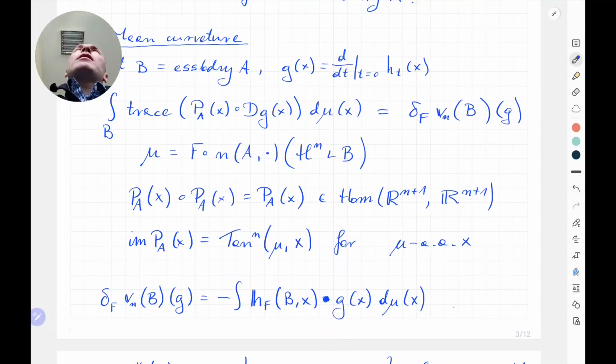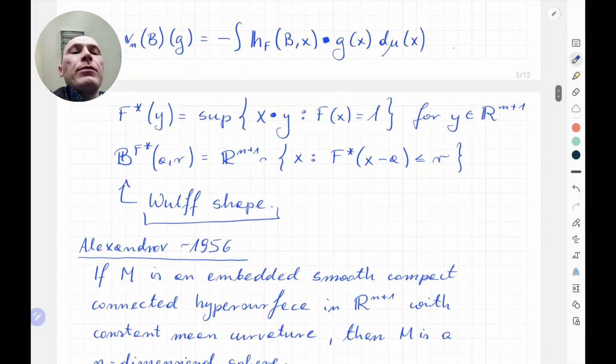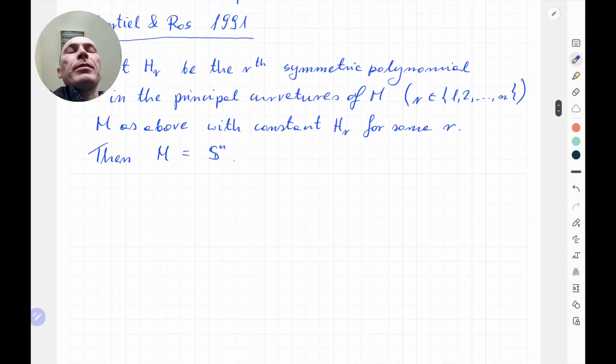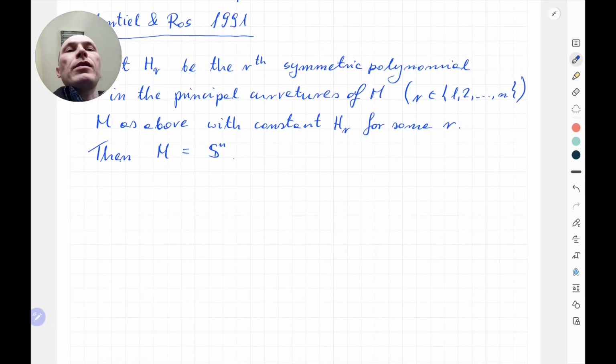You can prove that this bilinear form, maybe it's not symmetric, but it has all eigenvalues real. It has exactly n real eigenvalues, and these eigenvalues will be called principal F curvatures or F principal curvatures. So there is something like the notion of principal curvature for smooth manifolds in case of non-Euclidean norms.